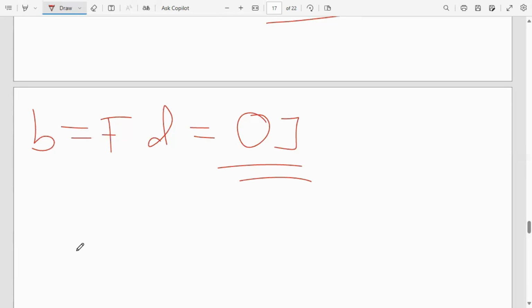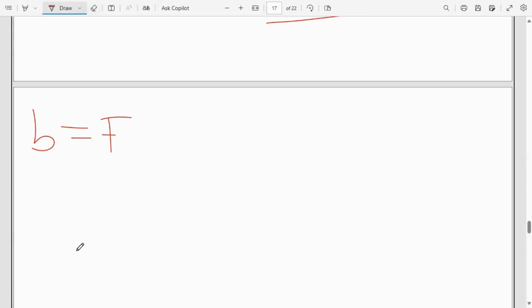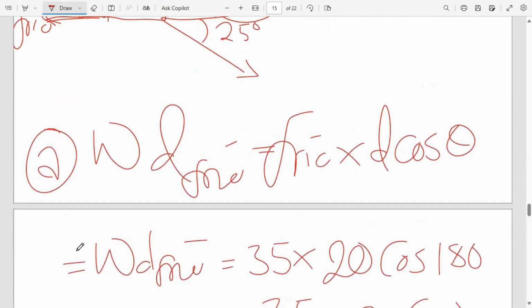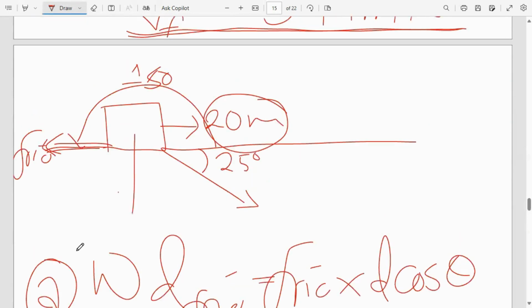So some would say maybe I should solve it like this, for those who want more clarity. The work done by gravity is equal to the force of gravity, Fg, multiplied by the distance cos theta. But if you look at our free body diagram here, the force of gravity is acting in that way. And what is going to be the theta here?